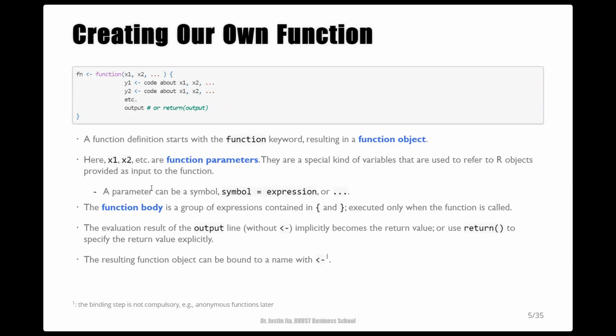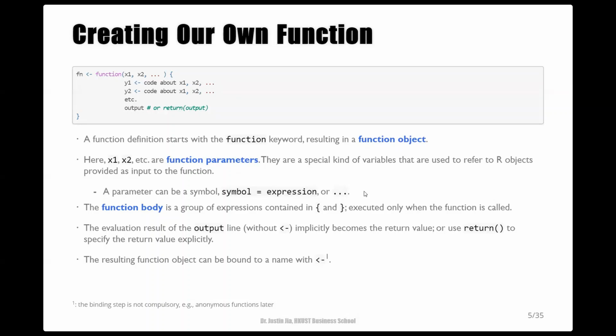A parameter can take a variety of forms. For example, it can be a symbol-expression pair, or a special parameter denoted by this ellipsis notation. We'll elaborate on the use of different forms of parameters shortly.